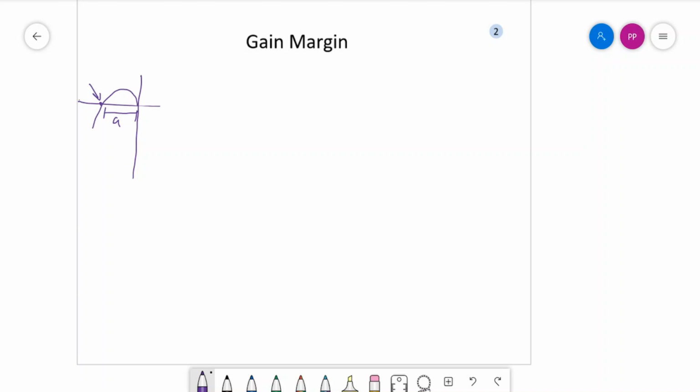Means this is the arc of radius 1. So this is actually the margin by which the gain can be raised so that the line of sustained oscillation or line of instability is obtained.